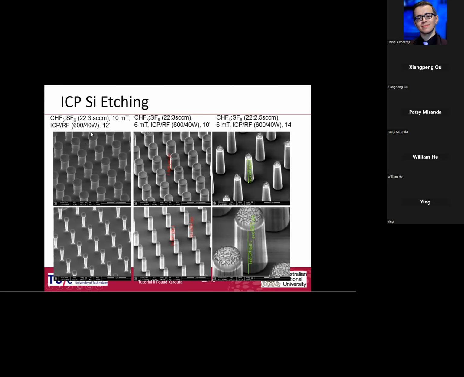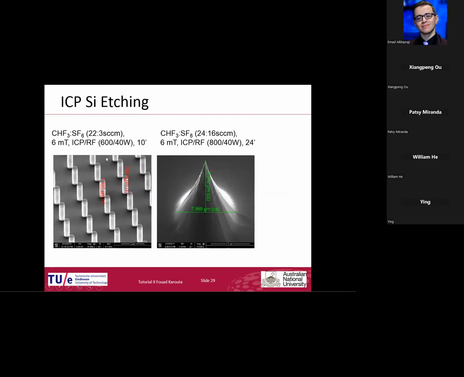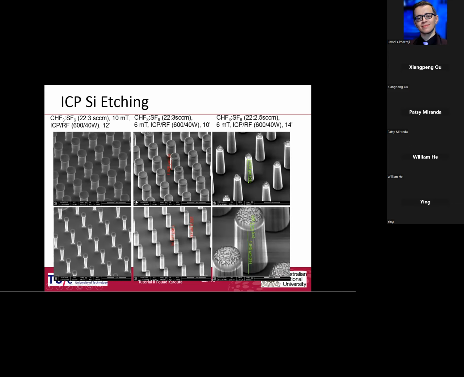Sorry, I want to go back to this one, because when you are using lower ICP power and higher pressure compared to these ones, you get more side effect. Now here, that is the one I showed before.